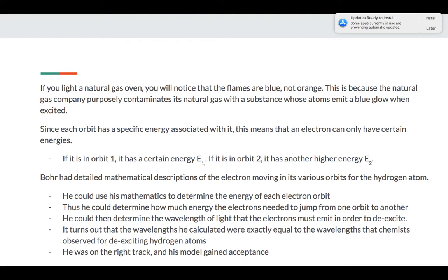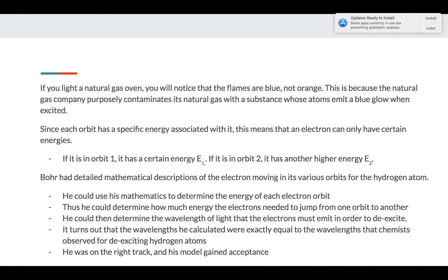Since each orbit has specific energy associated with it, this means that the electron can only have certain energies. So, if it's in orbit 1, it has energy E1. If it's in orbit 2, it has another higher energy E2. So, very specific energies.